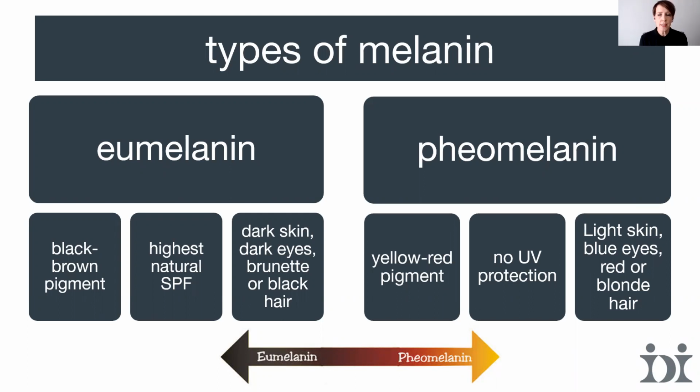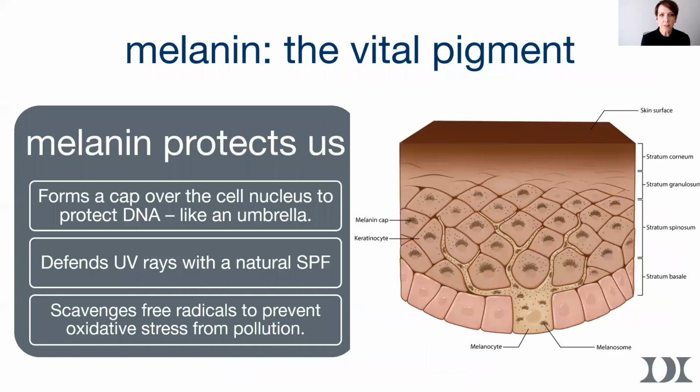So understanding that, of course, melanin is what gives our skin pigment, but most importantly, how does that key cell work, the melanocyte cell that actually gives the amount of melanin and deposits melanosomes into the skin. An interesting fact here, I think a lot of our clients probably don't understand that melanin actually protects us. It's like that umbrella cap protecting the nucleus, especially from UV damage.